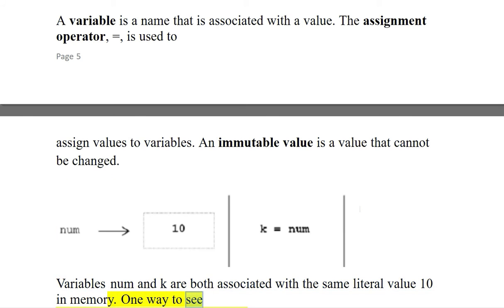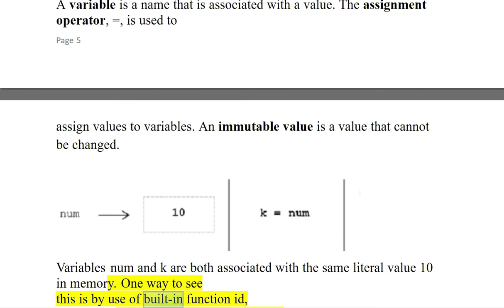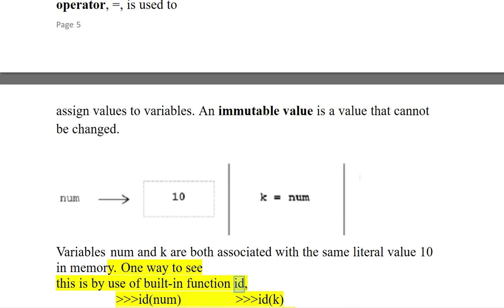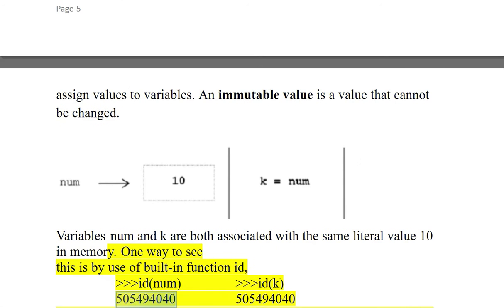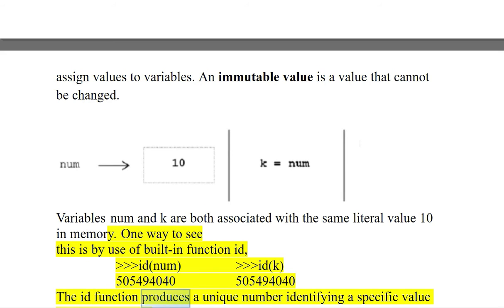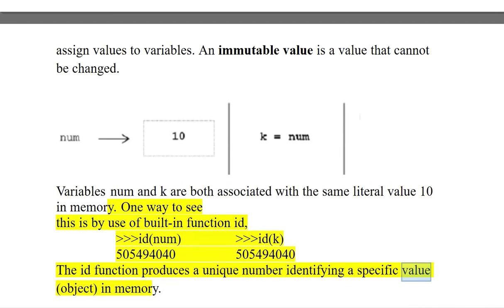One way to see this is by use of the built-in function id: id(number), id(k). Both print the same number. The id function produces a unique number identifying a specific value, object, in memory.